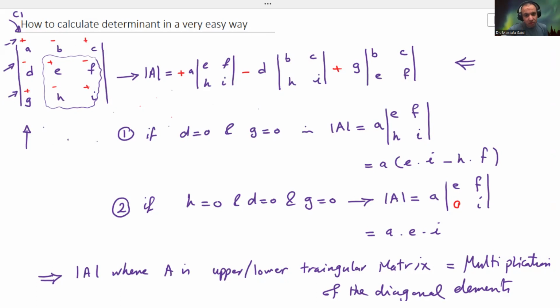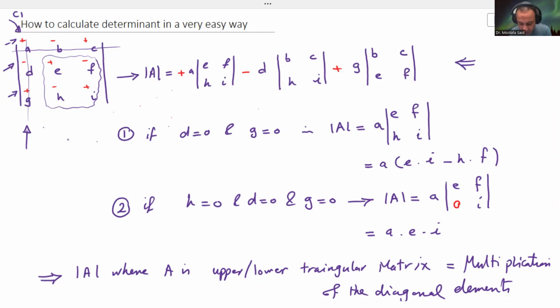You hash out the row and the column of the element whose submatrix you want, and the remainder of the matrix is the submatrix. For example, for A, you hash out the first row and first column, in which E is located, and you end up with E, F, H, I.